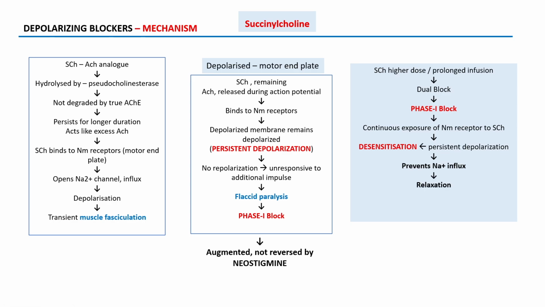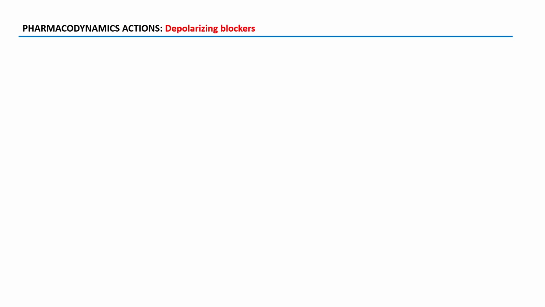Thereby it decreases the impulse generation which is responsible for skeletal muscle contraction. Consequently, there will be relaxation of the skeletal muscle, leading to the phase 2 block. So phase 2 block is mainly due to NM receptor desensitization or downregulation, and this phase 2 block will be reversed by neostigmine.